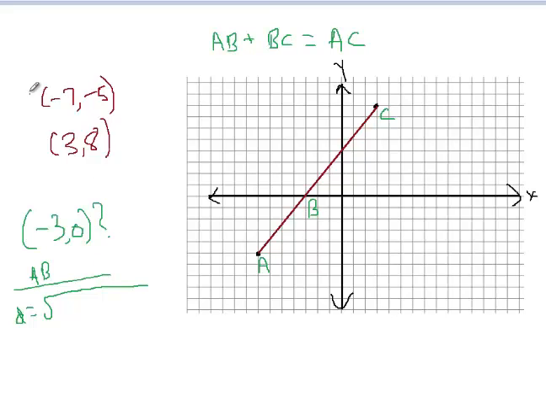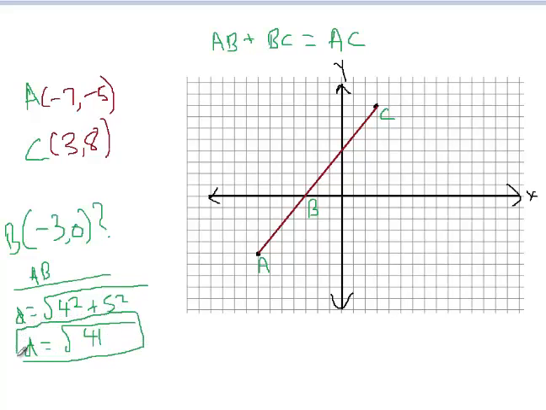This point is point A, this point is point B, this point is point C. Negative 3 minus negative 7 is positive 4, so that's 4 squared. 0 minus negative 5 is positive 5, that's 5 squared. So d equals the square root of 16 plus 25, which is the square root of 41. Okay, so the distance is the square root of 41.